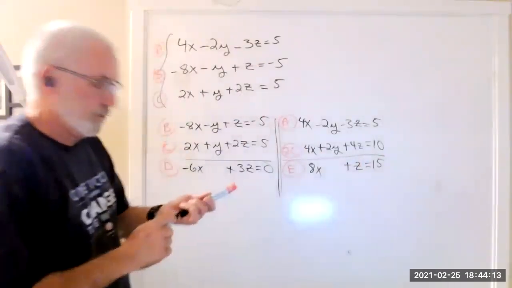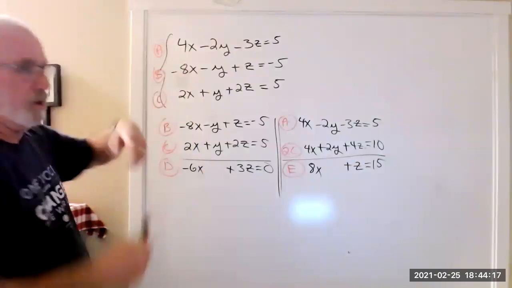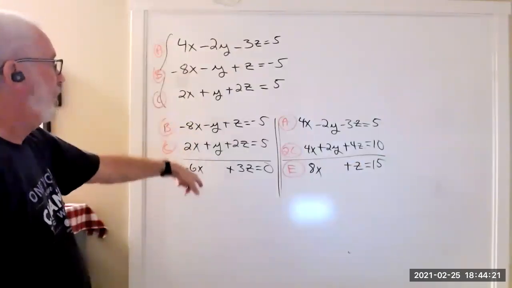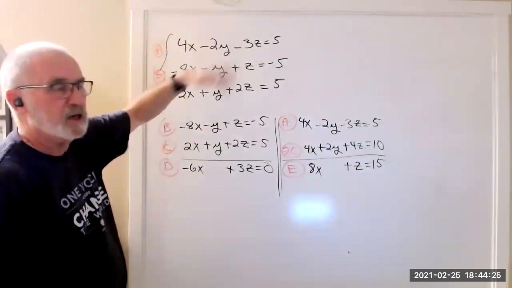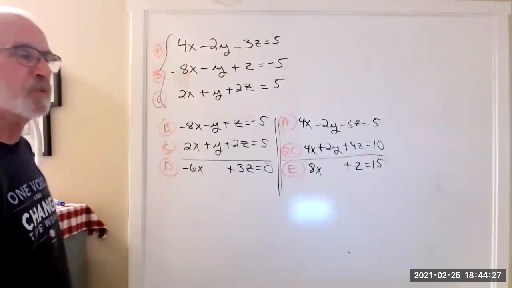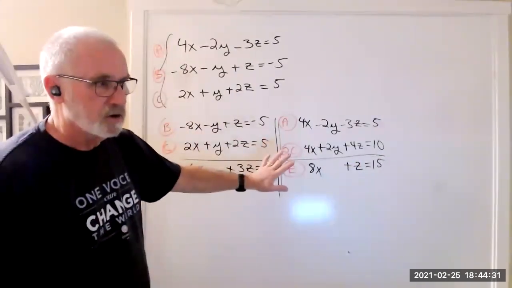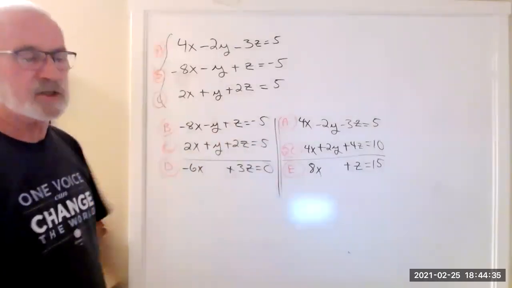Now, there were several questions last night. What if you didn't eliminate y? What if you decided to eliminate x or eliminate z? No problem. Our steps will be different, but as long as your work is organized and you don't make an arithmetic mistake, we'll all get the same answer.